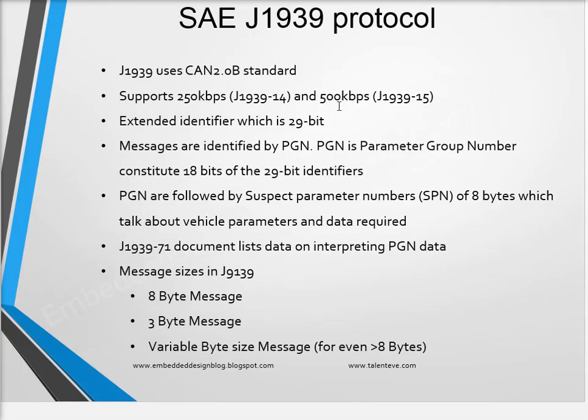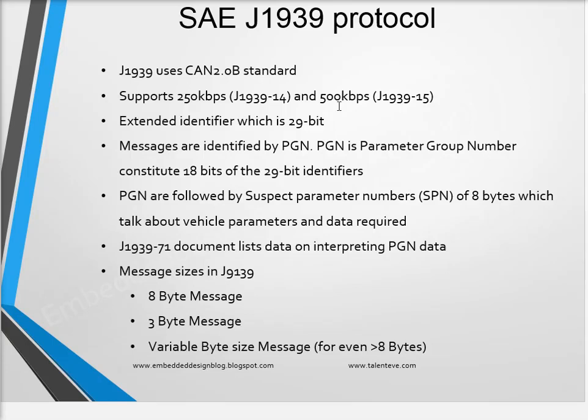So one of the major differentiator of J1939 is that it has an identifier which is 29-bit. So this is extended identifier than the one which we have seen in the CAN protocol.